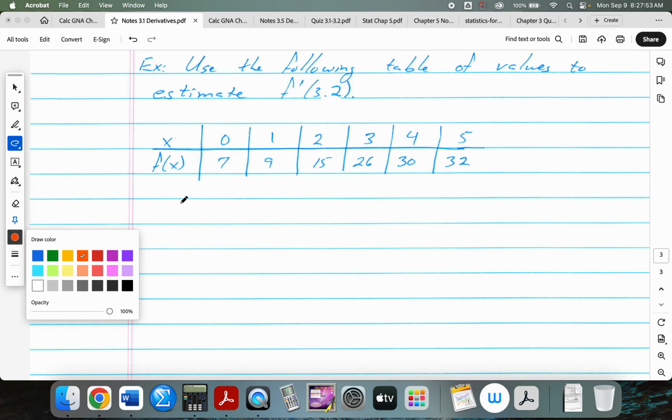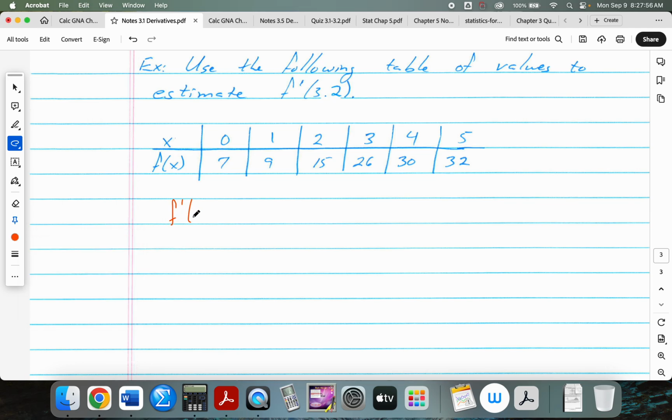We can say that f prime at 3.2 can be approximated by an average rate of change of f, and what we want to do is take the smallest interval that contains x equals 3.2 that I have.